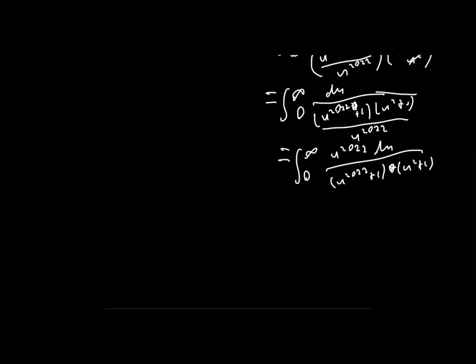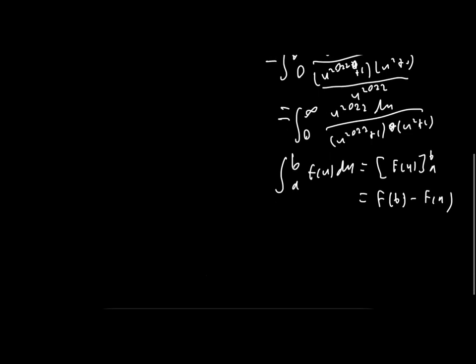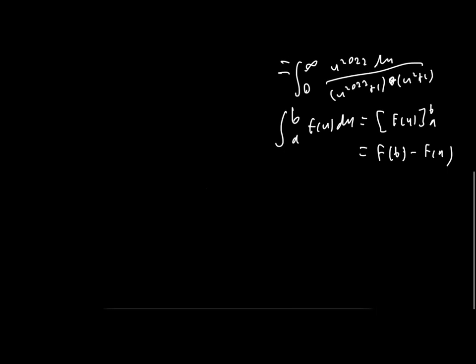Okay, so we know an integral in this form will be equal to this by the fundamental law of calculus, where the capital F of u will be the primitive of f of u.